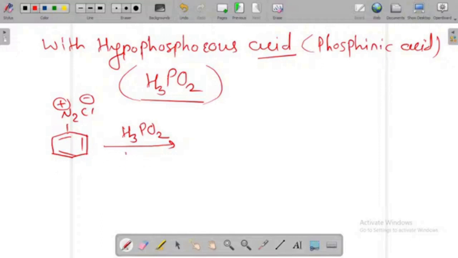Can you guess the product? It is nothing but protonation, just protonation. That's why it is hydrogen. This is nothing but benzene.